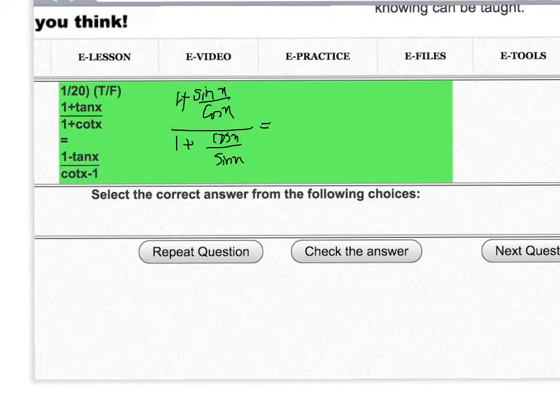Now, if you take the common denominator, which is cos x, remember, I can multiply 1 by cos x over cos x and the 1 at the bottom by sine x over sine x. So they have the same denominator.